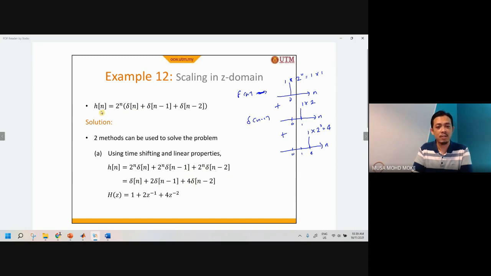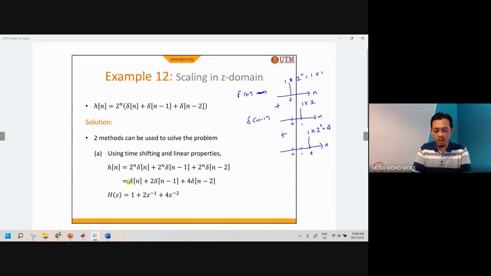It's representing a system. If this is xn or yn, then we can call it a signal. If not, in general, we call everything a vector. Hn, xn, yn, those are vectors. What is a vector? A vector is a sequence of values with index.